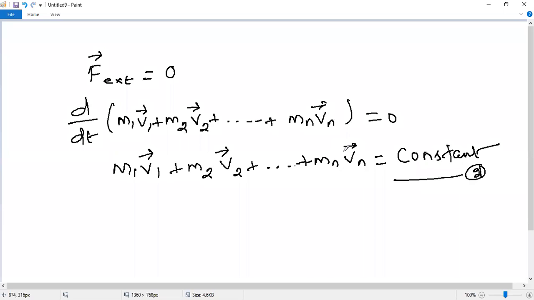So based on this equation, you can understand the law of conservation of linear momentum. If no external force acts on the system, then the total linear momentum of the system remains constant.